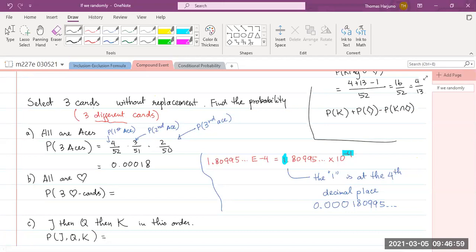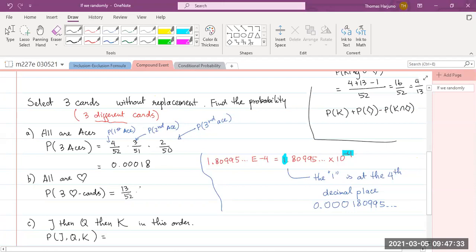Okay, can anybody help me with part B? Find the probability of having all hearts. How many hearts do we have? 13. So the probability the first one is a heart is 13 out of 52. That's the first heart card.